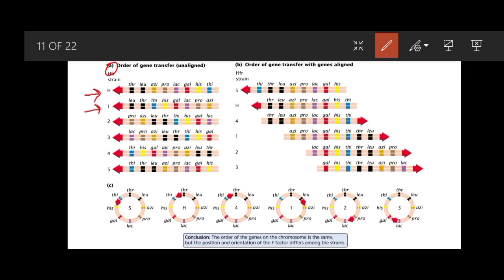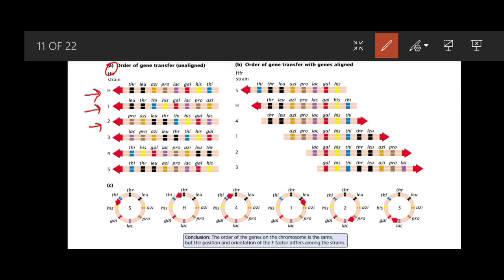In strain 1, leucine gene is present after the F factor, and similarly in strain 2, proline is present. So it means that when F factor is inserted, it is inserted between two genes, and it is a random process.